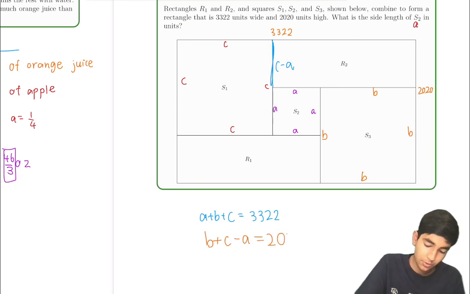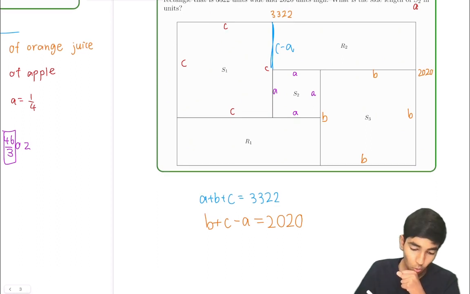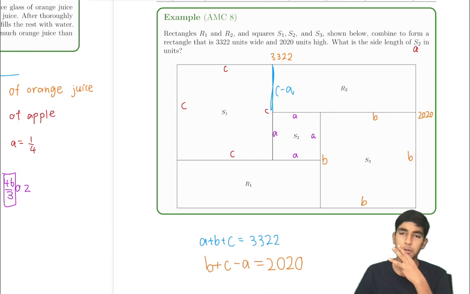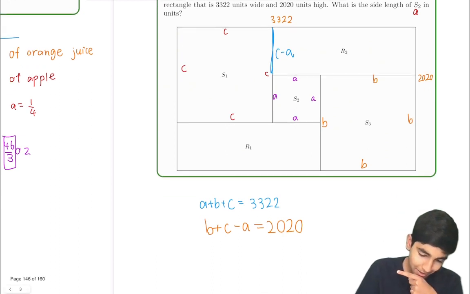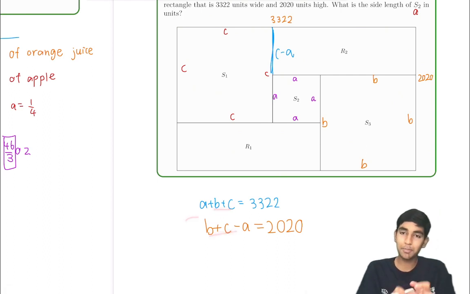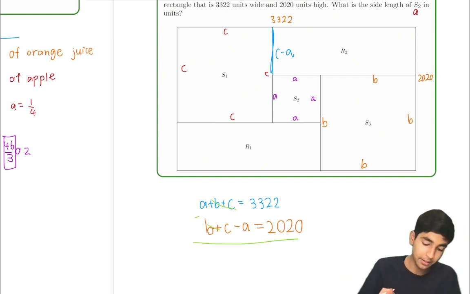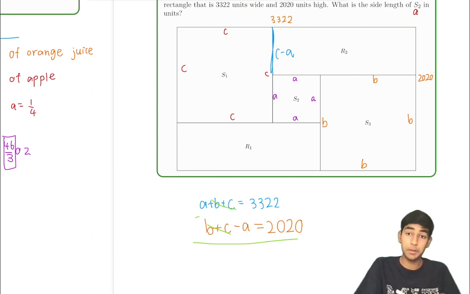I'm pretty sure you can guess which year this AMC 8 was from. Okay, so we're trying to solve for A, but we have 2 equations and 3 variables. What we can do is, notice those B plus C patterns like we discussed in the previous video. You can subtract these equations. The B plus C's will cancel, and we're left with A. Remember, it's not going to be 0.